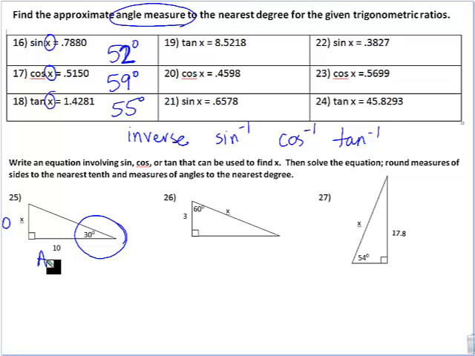It is tangent. So now we're going to write our equation out. Tangent of our angle measure, which is 30 degrees, is equal to the opposite side, which is x, over the adjacent side, which is 10. Then we have to solve this. So how can we solve this for x? Yep, multiply by 10. So we'll have to take 10 times the tangent of 30.